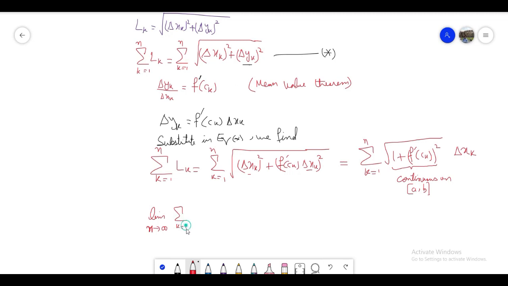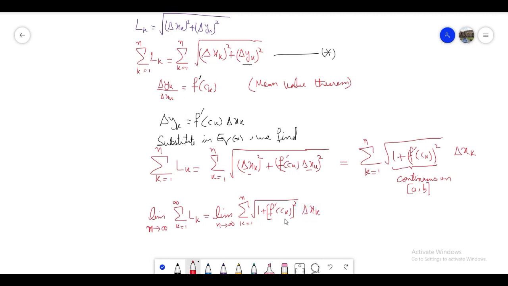The sum with k starting from 1 to infinity of Lk is equal to the limit, which is the same as this one, as n goes to infinity, of the sum with k starting from 1 to n, of the square root of 1 plus f dash of ck squared, times delta xk.